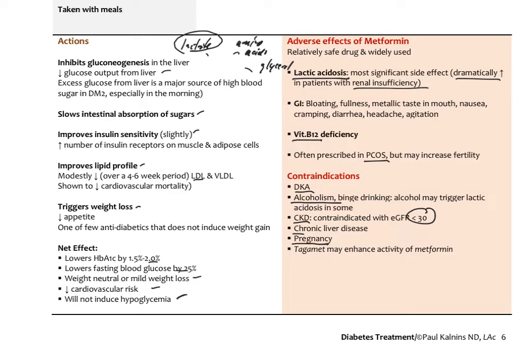And Tagamet, which is of course one of your H2 blocker acid blockers, is going to enhance the activity of metformin, so you might get an overdose of that. Not many people are taking those H2 blockers anymore, so that's not too significant.